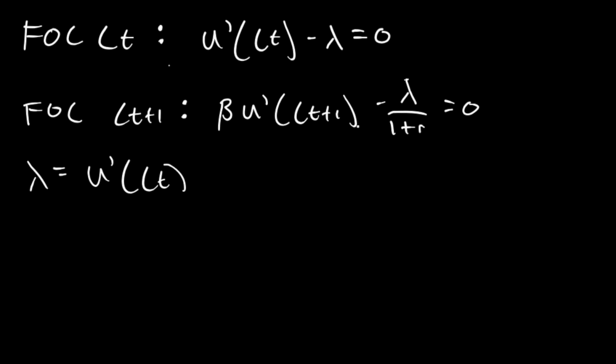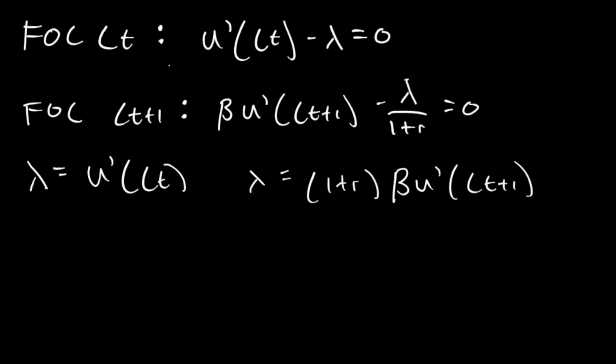So if we were to rearrange for lambda in this case, we would get this, t plus 1. And now, because we've got lambda equal to this here and lambda equal to this here, we can set these two equal to each other, and we end up with our Euler equation, which is as follows.